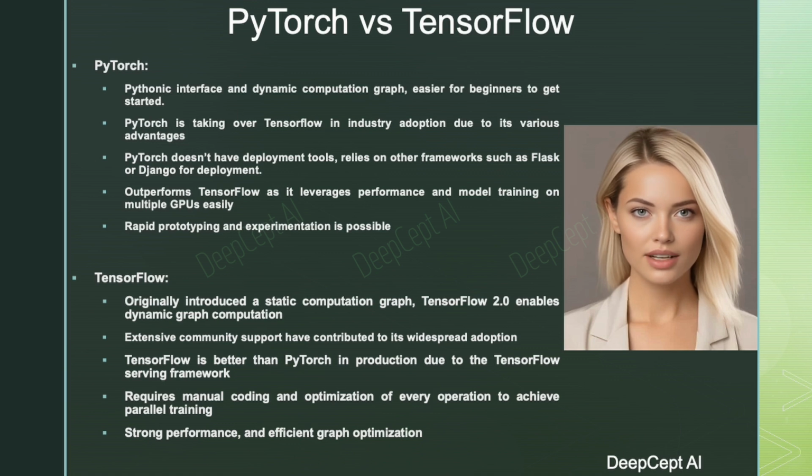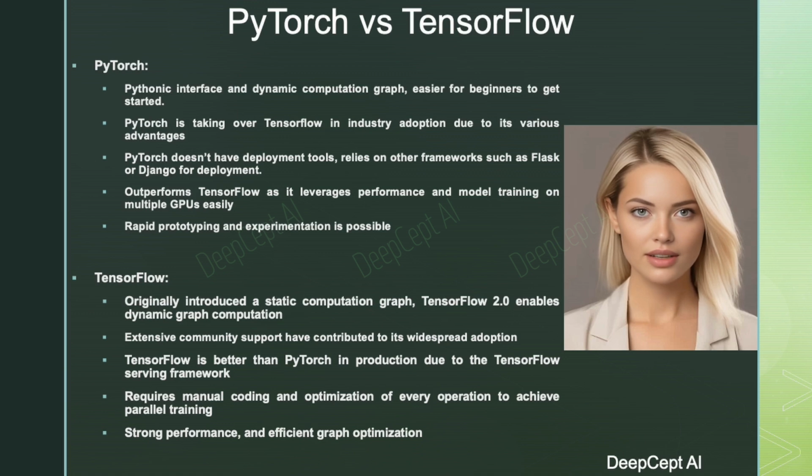TensorFlow, initially with a static computation graph, shifted to dynamic graph computation with TensorFlow 2.0, further contributing to its extensive community support and widespread adoption. TensorFlow's strength lies in its production capabilities, particularly with the TensorFlow Serving framework.